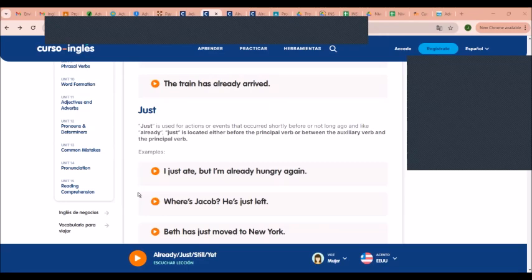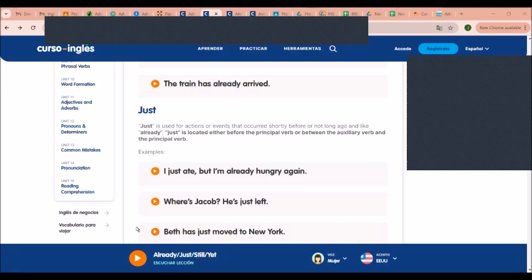Okay. Examples: I just ate, but I'm already hungry again. Where's Heiko? He's just left. Beth has just moved to New York.